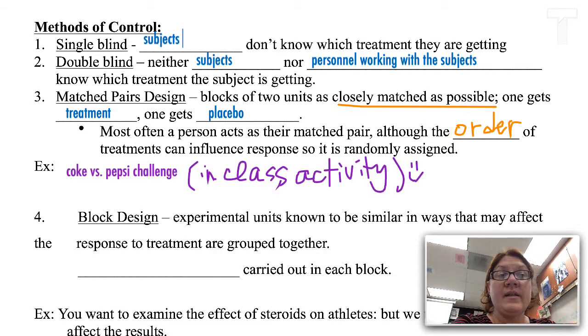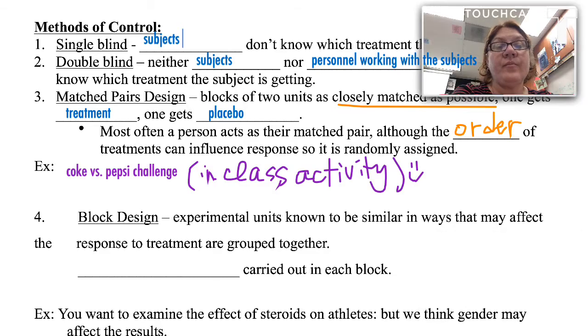So be ready, statisticians. And then a fourth example for how I might control is something called a block design. And in block design, I actually group my subjects so that they're very similar from the beginning.